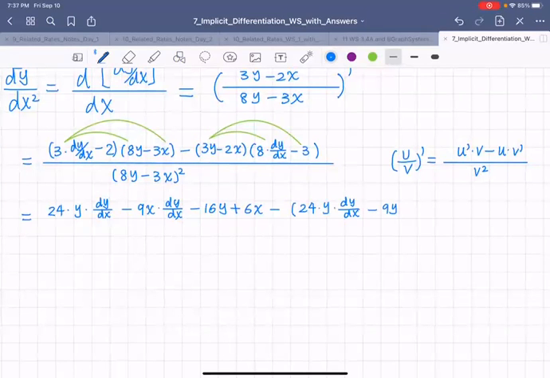Minus 16x times dy over dx. And then plus 6x, right? Yeah.